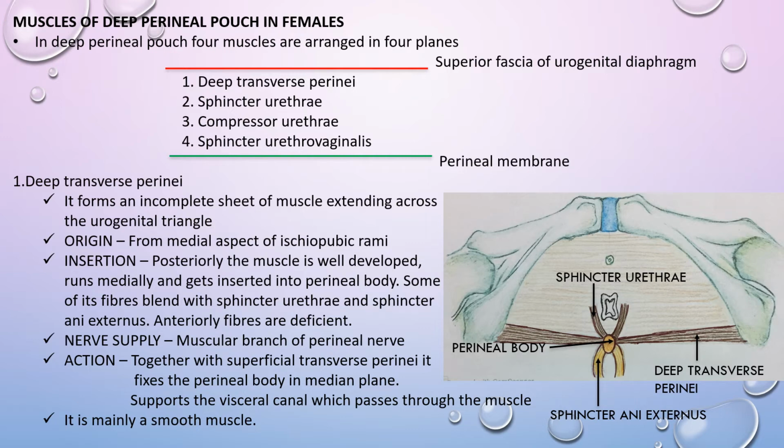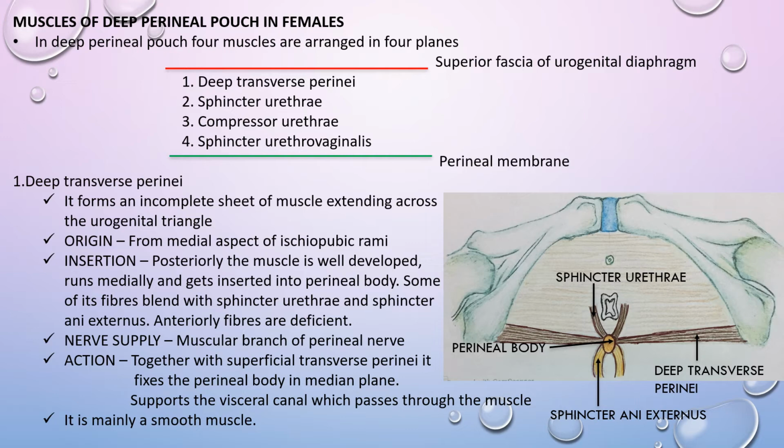Like males, in female, this muscle forms an incomplete sheet of muscle extending across the urogenital triangle. Origin: this muscle originates from the medial aspect of the entire ischiopubic ramus.